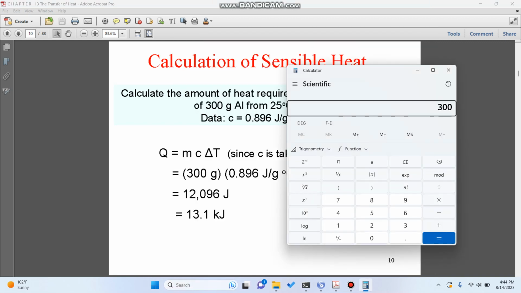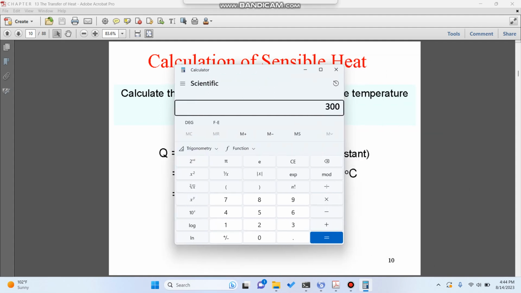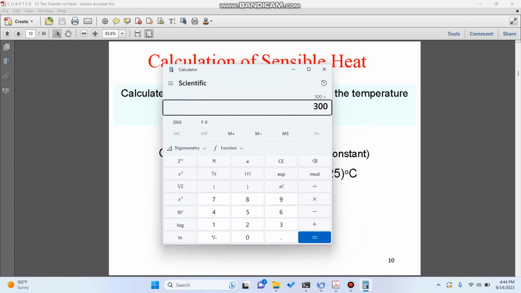So 300 into 0.896 into 45, which is 12,096 joule. Since we are considering all the units in joule, the result will be in joule.